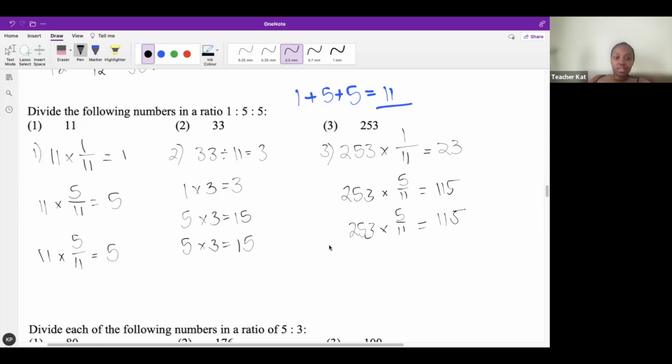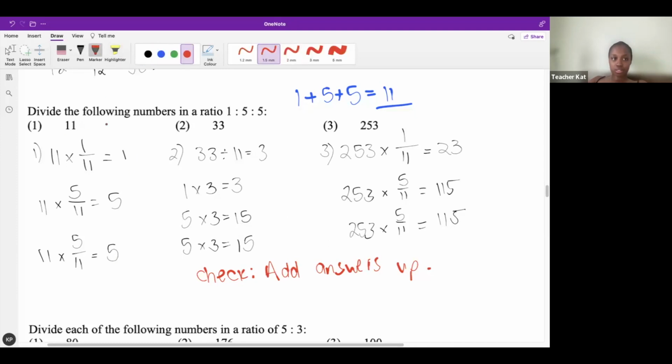Yes. Okay. So remember, if you want to check your work, you must add the answers up. And they have to give you the original number you had. So let's check here. 5 plus 5 plus 1 is 11.